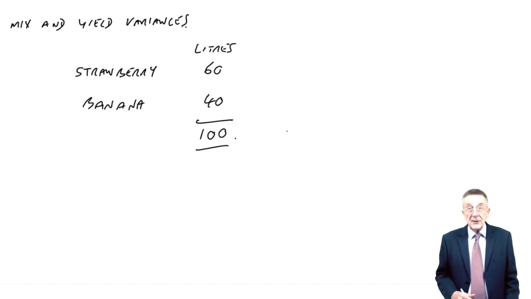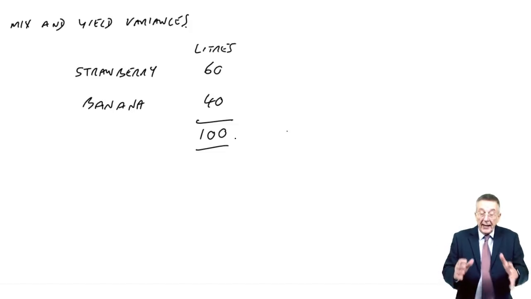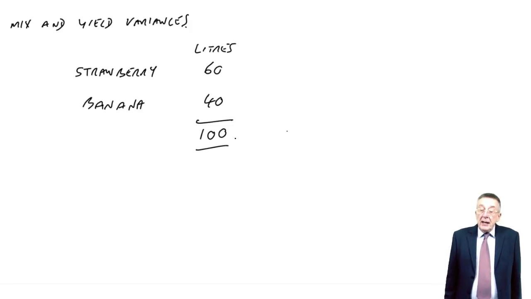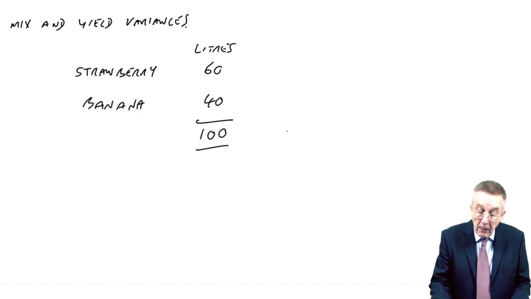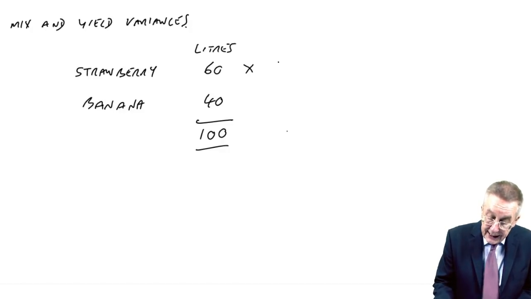They're my materials. And again, you'd only here be looking at one aspect, almost certainly just materials. So for materials, there's my cost card, or the start of my cost card. That's what I should be using for every 100 litres. And suppose the standard cost, strawberry is $8 a litre, banana is $4.